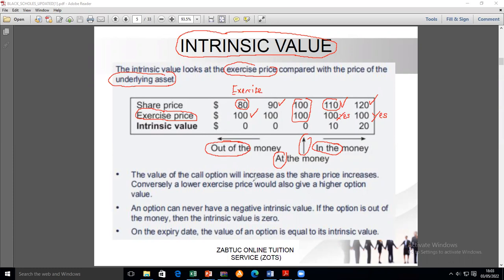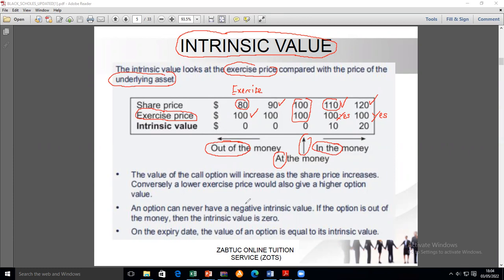The value of the call option will increase as the share prices increase, as you can see there. Conversely, a lower exercise price should also give a higher option value. An option can never have a negative intrinsic value.